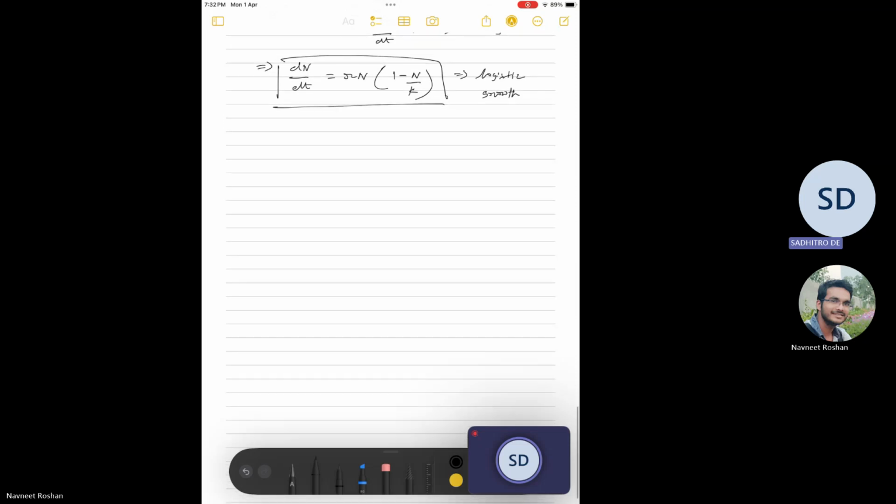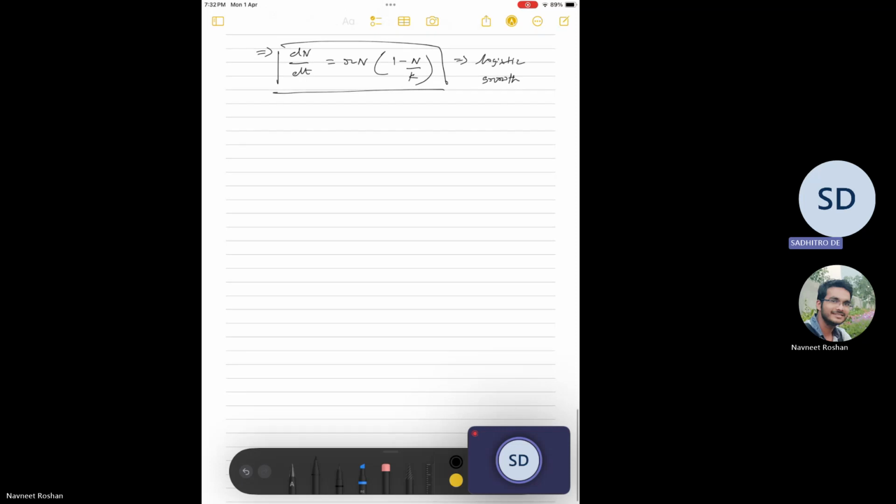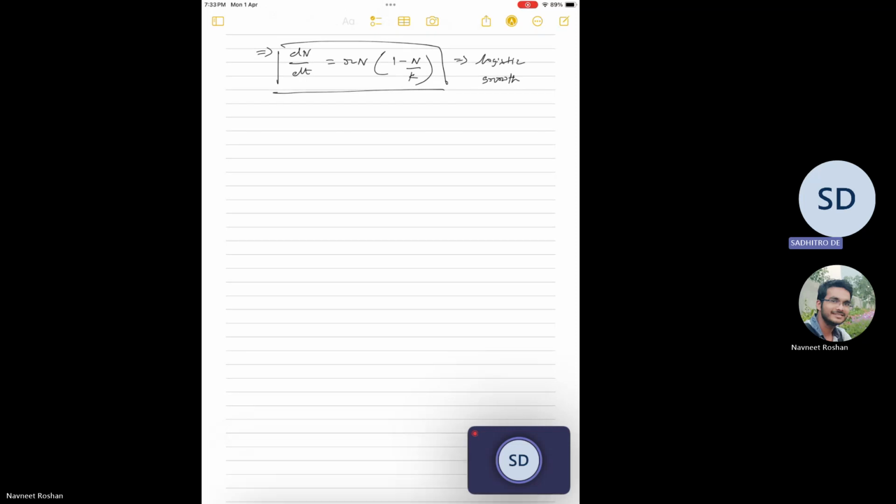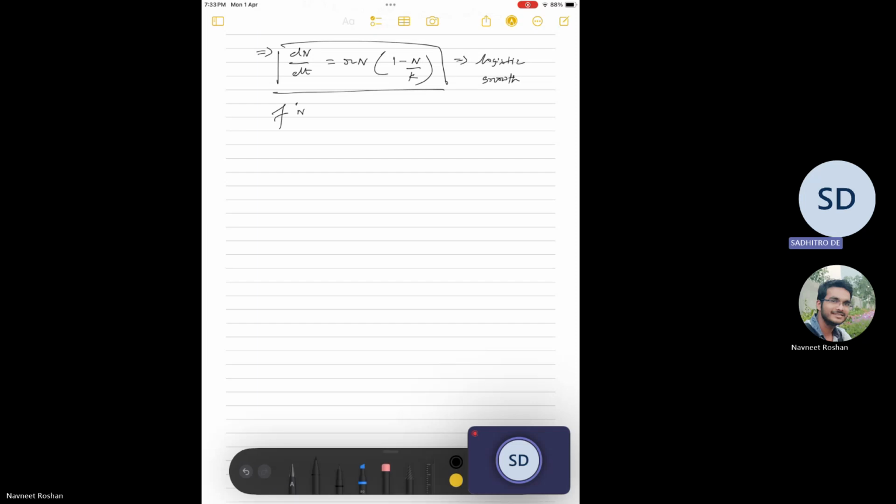So let us analyze the stability of the fixed points of the logistic equation, for example, and let us see if it gives us useful pictures into the dynamics of population growth. So here f(N) is basically RN times (1 minus N/K).